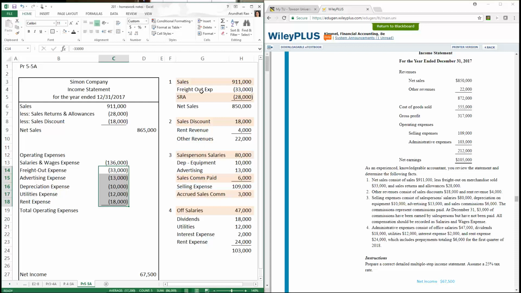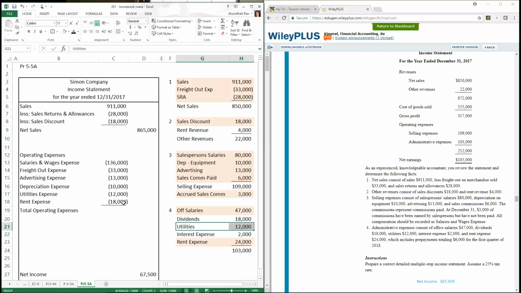So now I've taken care of the freight out expense, the depreciation and advertising expense, my utilities expense, and my rent expense.